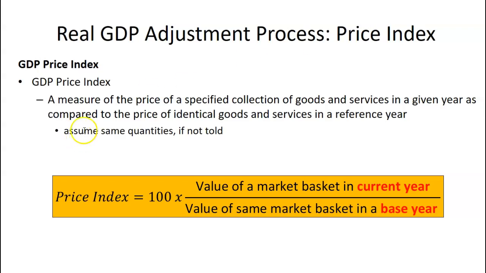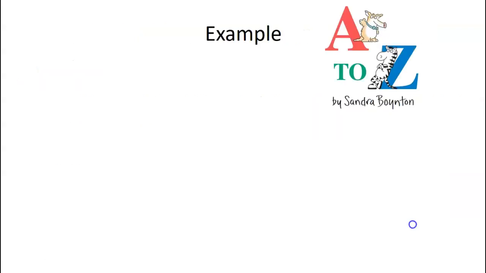And so we have this price index, PI, equals 100 times the value of the market basket in the current year, the year in question, divided by the value of the same market basket in a base year, and that's going to be a common base year for the entire data time.